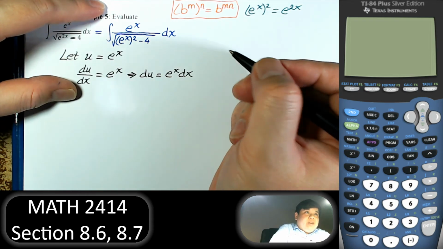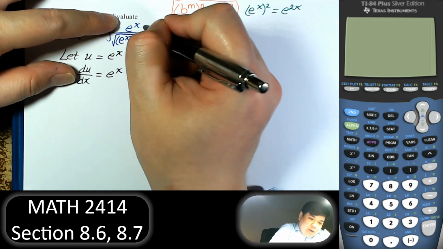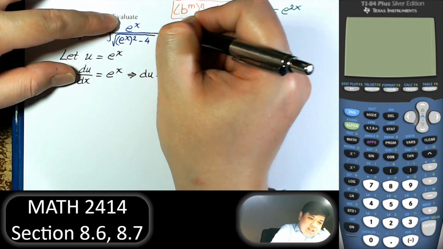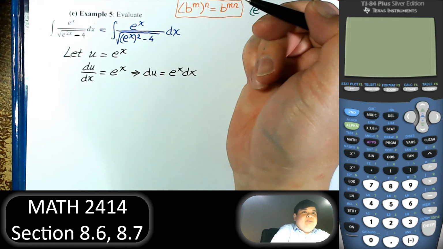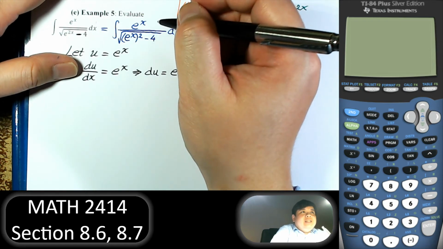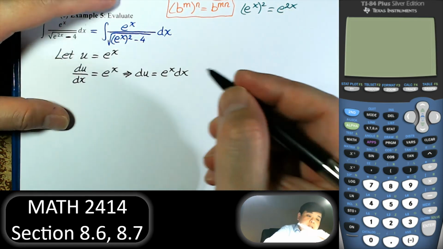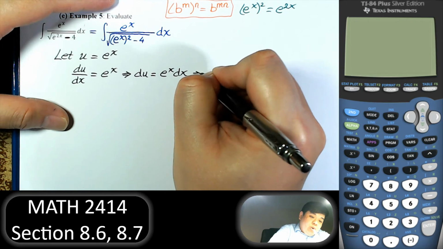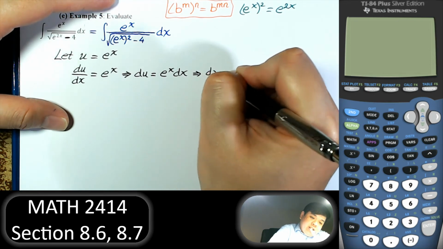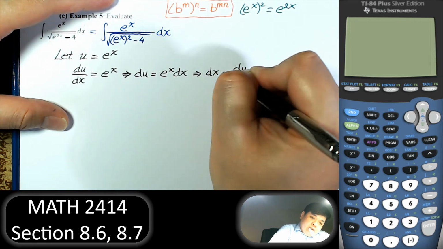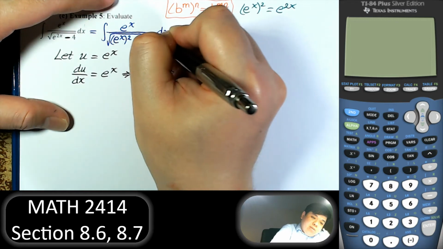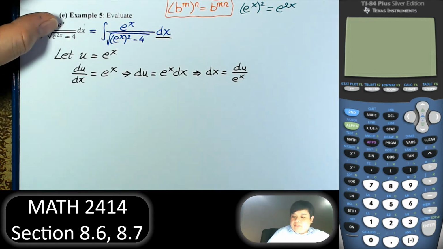And in some books they say we have e to the x dx, that's going to be du. Yeah, we can just do that too. But usually I'm just going to solve for dx. We have du over e to the x. And I just substitute into this dx.